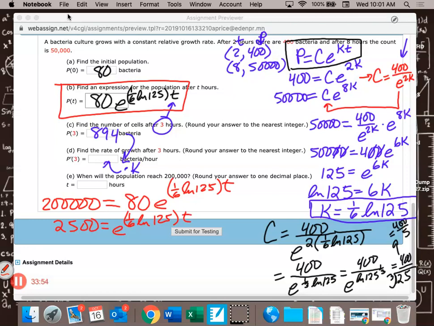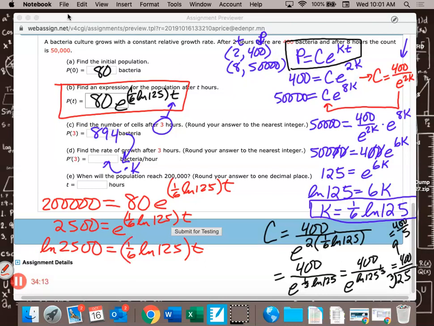What would we do next? Take the ln of both sides. Whenever you have an equation with an e, you ln both sides. ln of 2,500 equals 1/6 ln 125 times t.